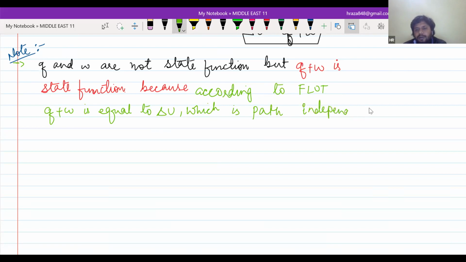That means a state function. Okay, just write it. Q and W individually are path functions, not state functions, but the sum of Q and W is a state function, because the sum of Q and W gives delta U, the change in internal energy, which is independent of path. That means a state function. So easy.